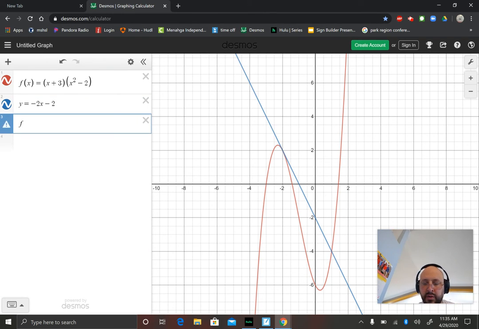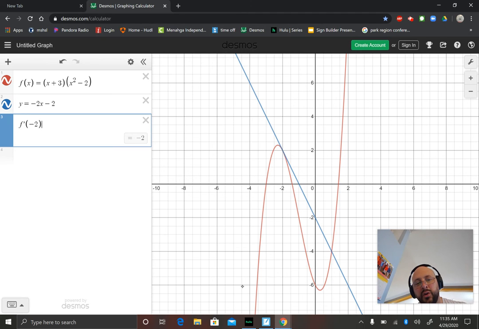You can type in f prime of a specific point. So I'm going to shove in there -2, and you'll notice very lightly it says here that you have -2. All that means is that when you evaluate the derivative of the original function and put -2 in, you get -2. That was the slope of that blue line there.